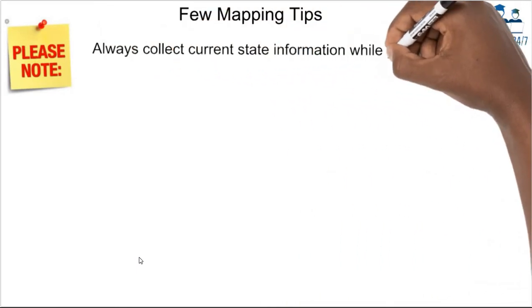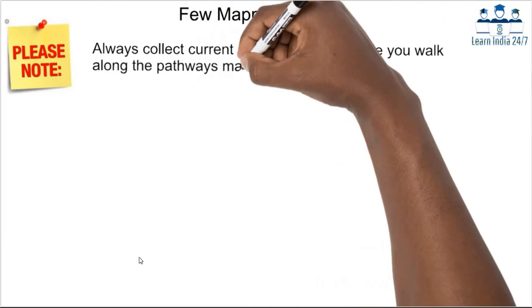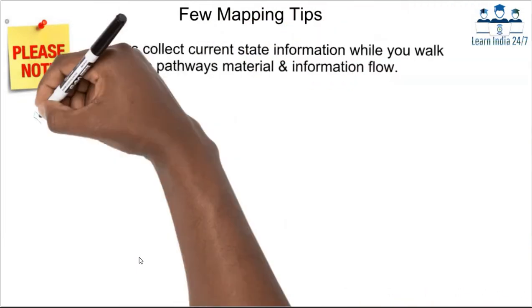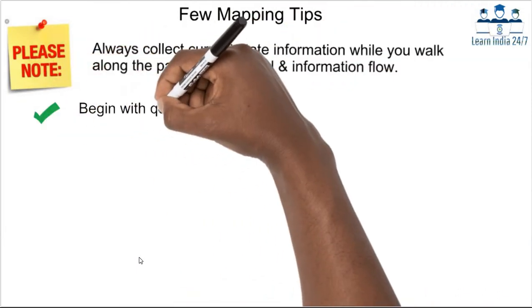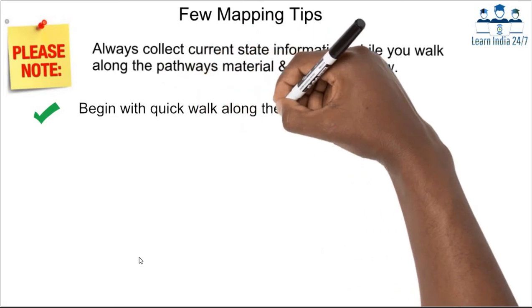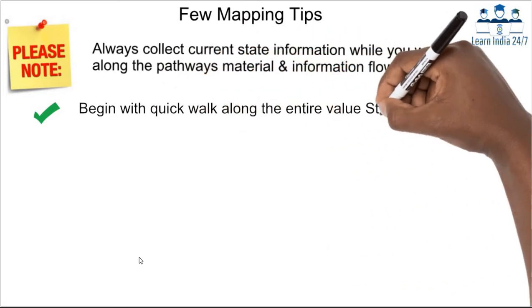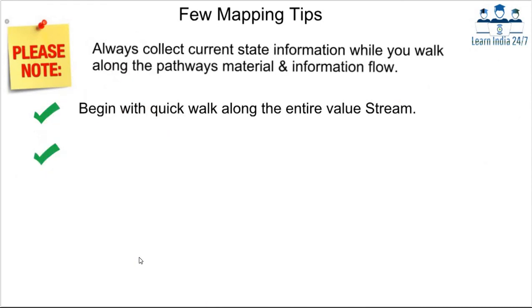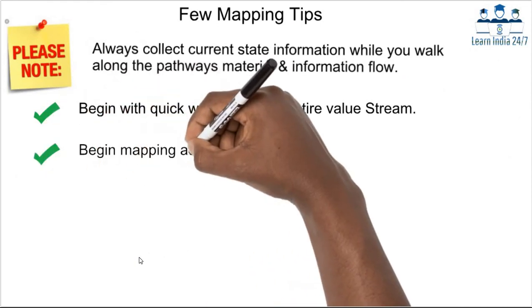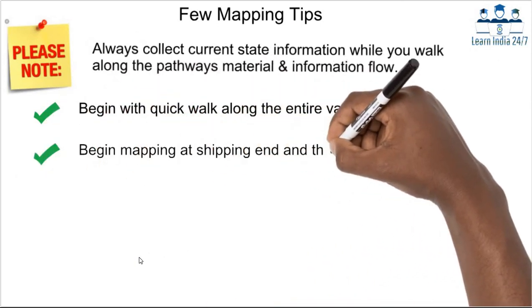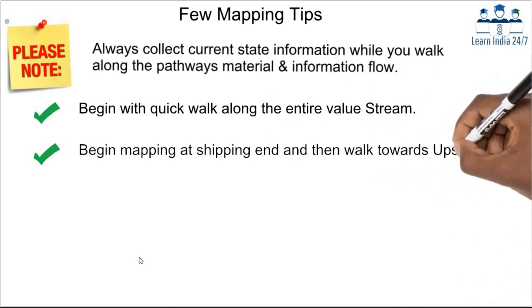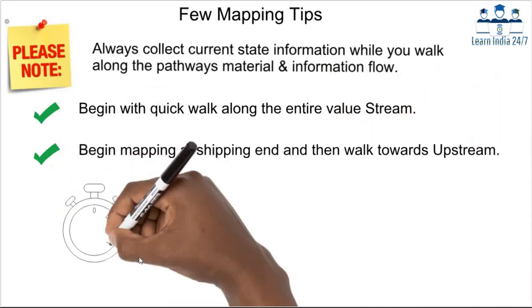Always collect current state information while you walk along. Begin with a quick walk along the value stream. Begin mapping at the customer end and then walk towards upstream.